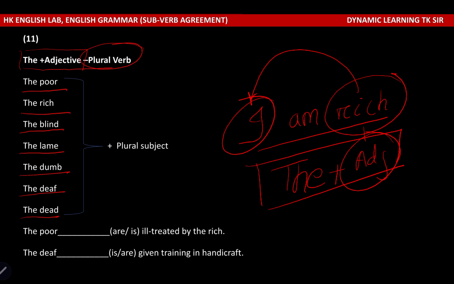They may seem to be singular because they have no s at their end, yet they are always treated as plural subjects and receive a plural verb. Like the poor dash ill treated by the rich, are. The deaf dash given training in handicraft, are given. Got it?